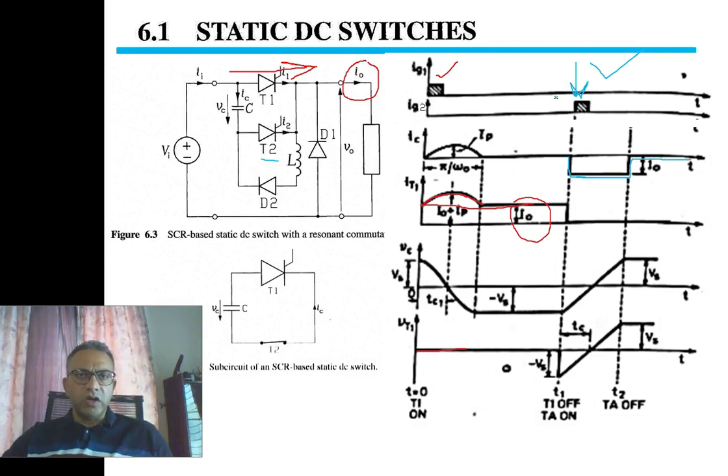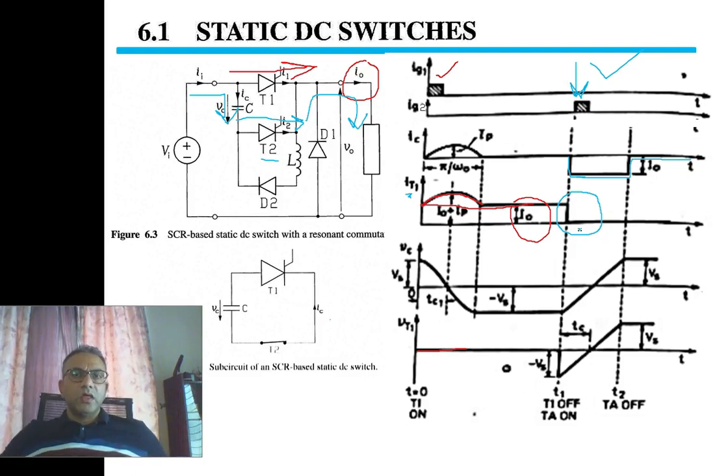Hence, the main current is now bypassed from T1, and we can see this in the graph of IT1, that the current through T1 is now almost zero, which is less than the holding current. So technically we have accomplished the bypass.